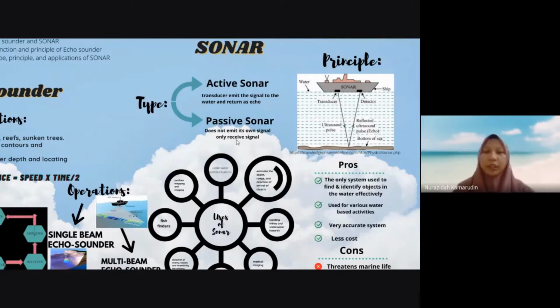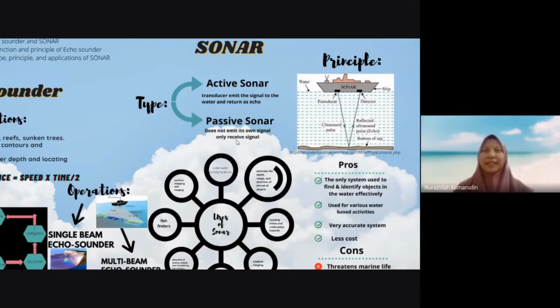If the transducer is equipped with the ability to receive the signal, the sonar can measure the strength of the signal and also the distance between the object and the transducer.